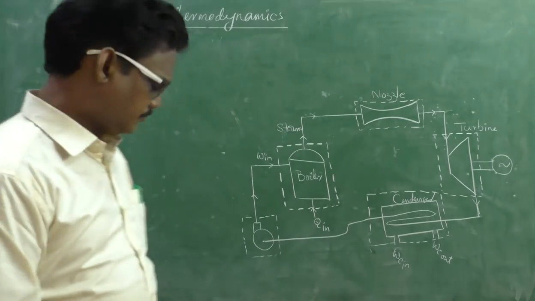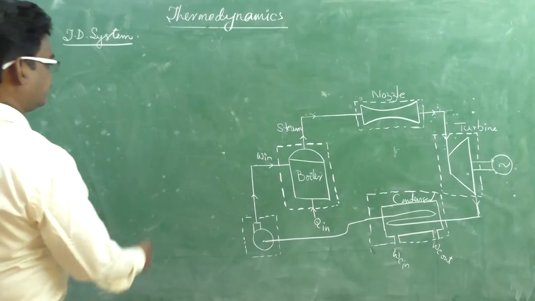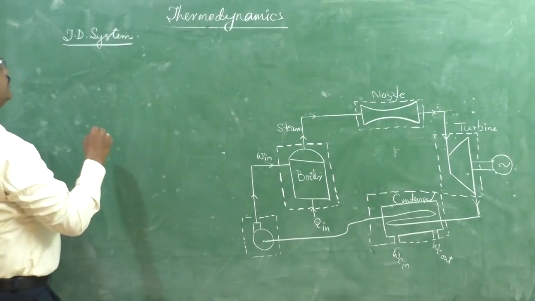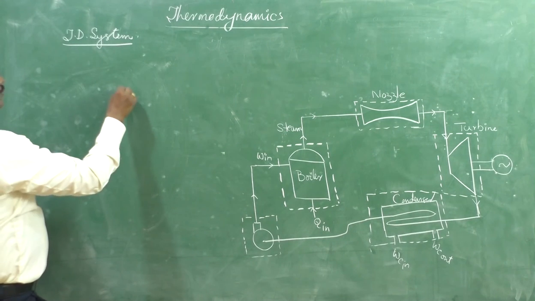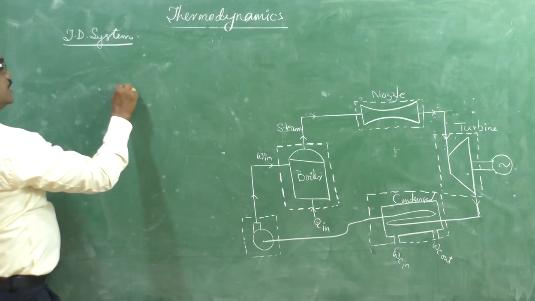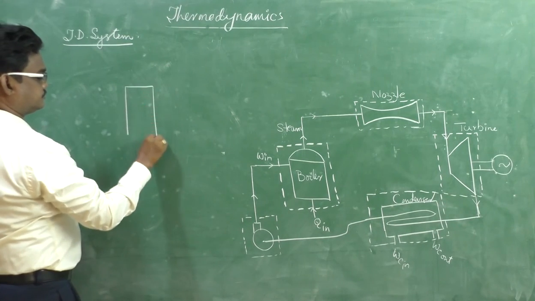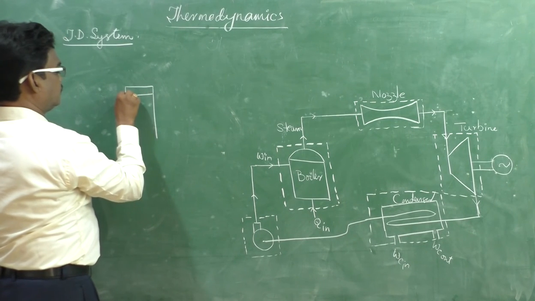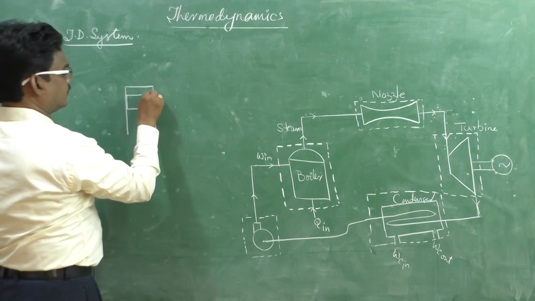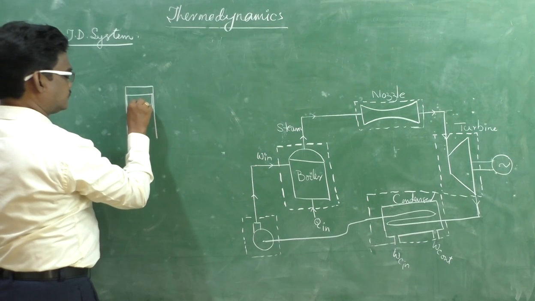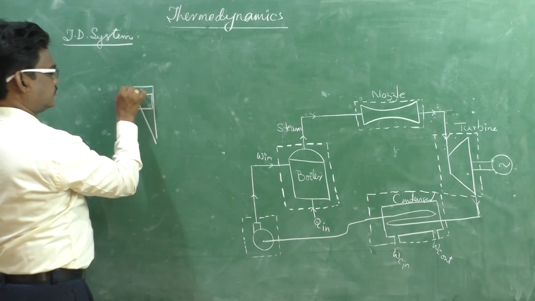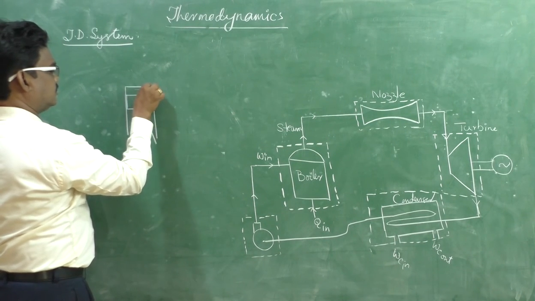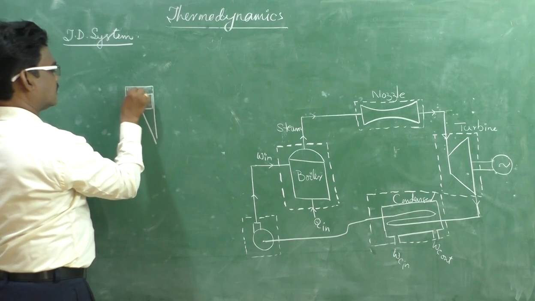Now we will see the boundary of a cylinder and piston. Now we want to study the gas which is at this portion. Okay, this portion is filled with the gas.